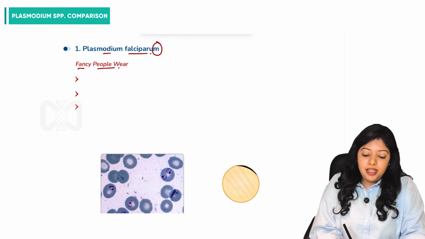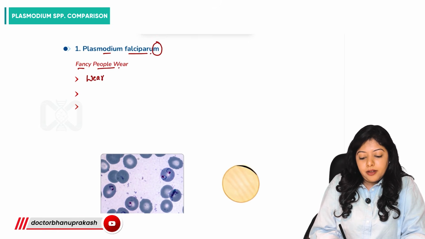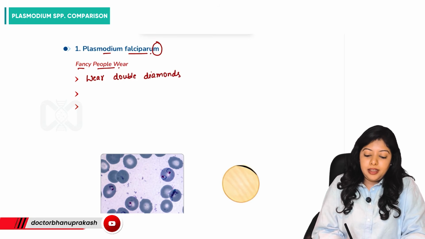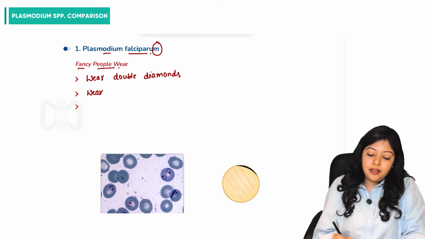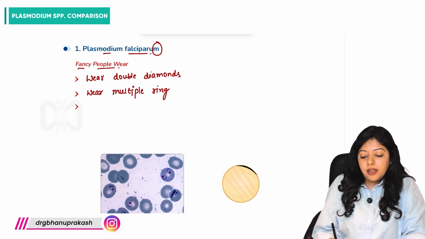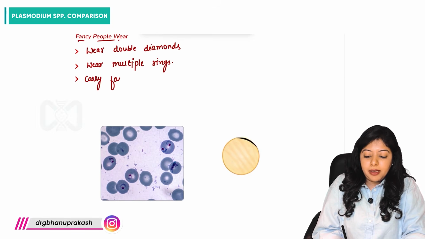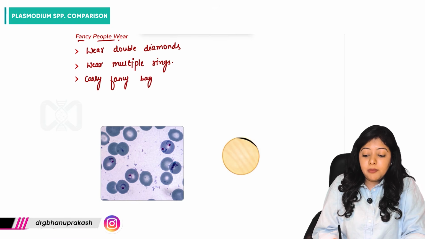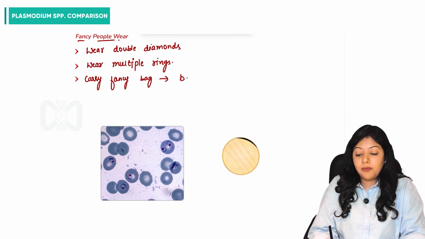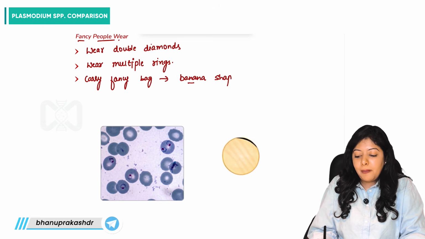So firstly, they love wearing double diamonds in the rings, right? They love wearing multiple rings, and they love carrying fancy bags, some quirky bags like banana shaped or mango shaped, right? Banana shaped bag.